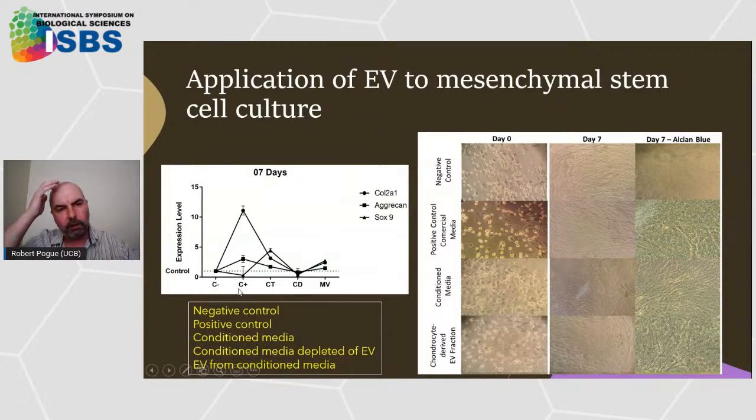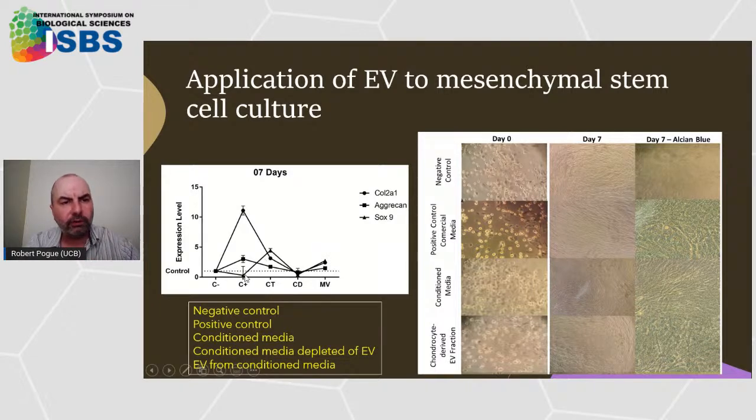This is a commercial chondrogenic media produced by Thermo Fisher. We also used conditioned media, which is well described in the literature as a method of inducing chondrogenesis. We further used conditioned media from which we had removed the extracellular vesicles. And finally, we also applied the extracellular vesicles themselves.